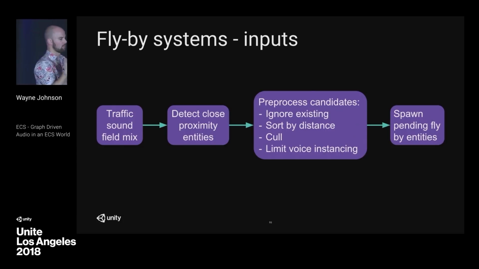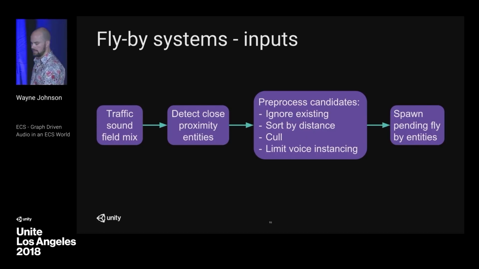We had to limit the amount of voices that were being played. We couldn't have too many flyby sounds happening at once. We had to ignore sounds that were already playing from another flyby instance, and so on. And then once this was pre-culled, we were able to spawn a new entity that defined the flyby instance.